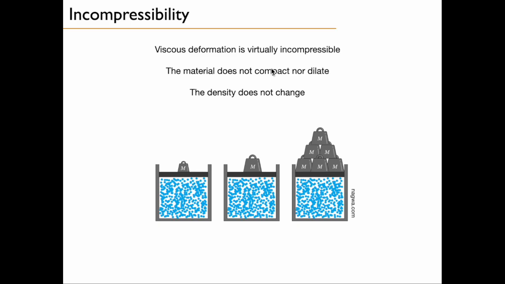The material does not compact and does not dilate. The density also does not change under this load. And this is the case of viscous deformation in general. We say that these deformations are virtually incompressible.